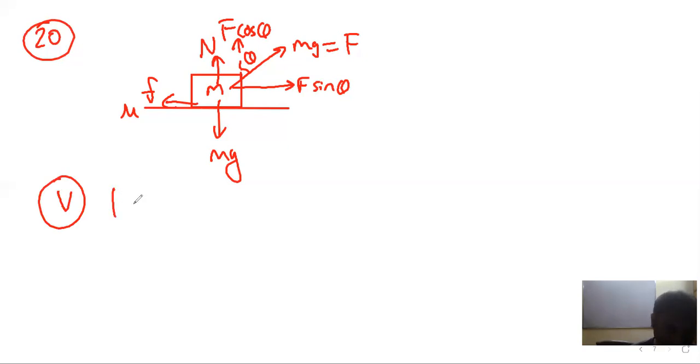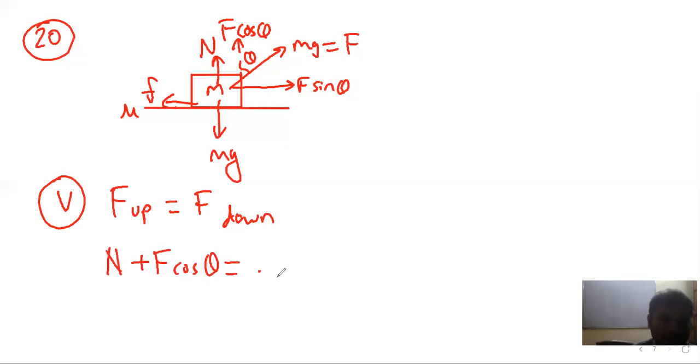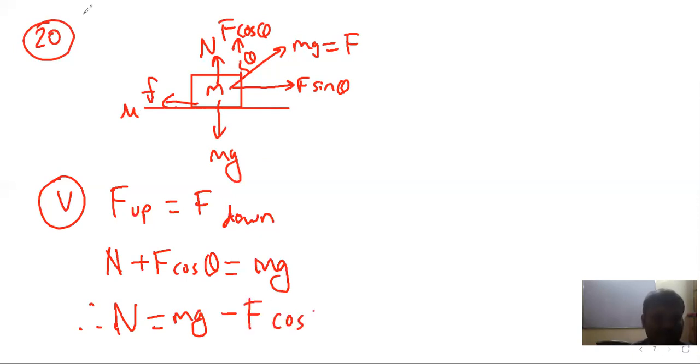Along vertical direction, upward force is equal to downward force. So N plus F cos theta equals mg along vertical direction, which gives us N equal to mg minus F cos theta. So this is the value of normal reaction.